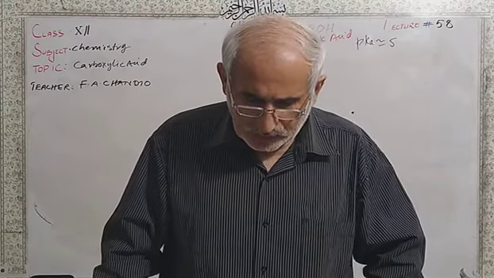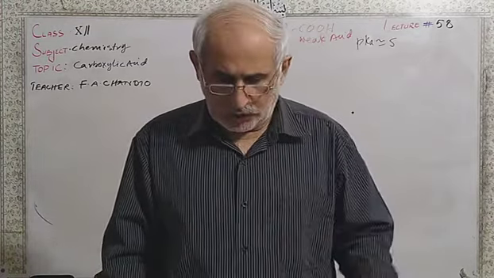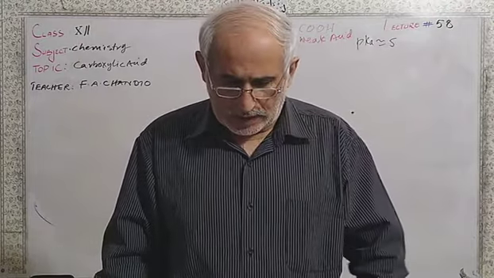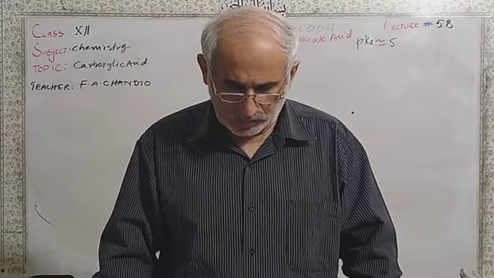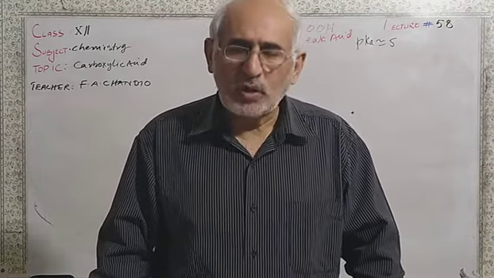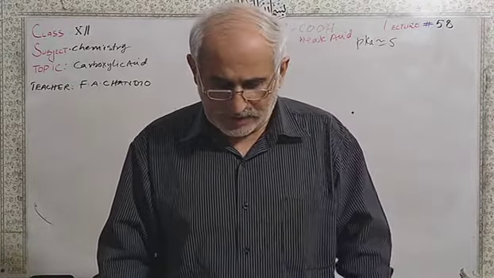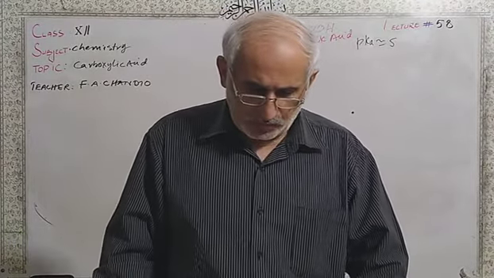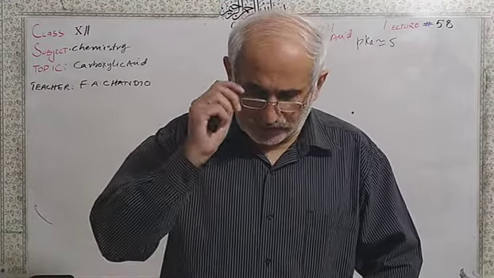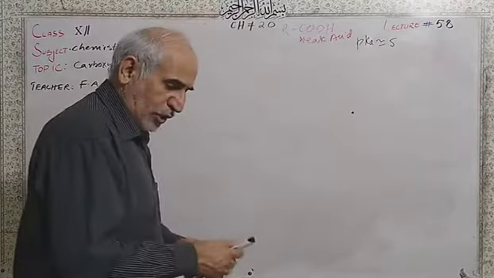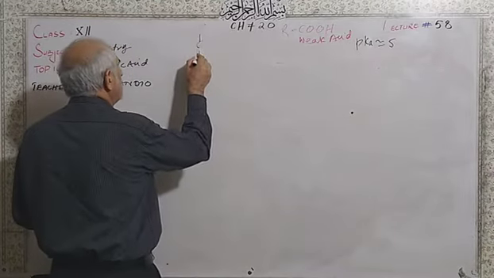Chloroethanoic acid: fluorine is more electronegative than chlorine, so if you add one chlorine to ethanoic acid, the pKa is 2.9. If two chlorines are added, because more hydrogen is replaced, it is 1.3, and if you add three chlorines, it is reduced further.